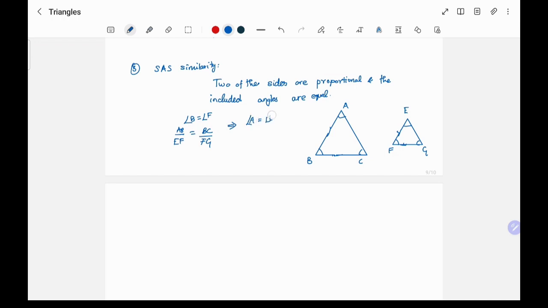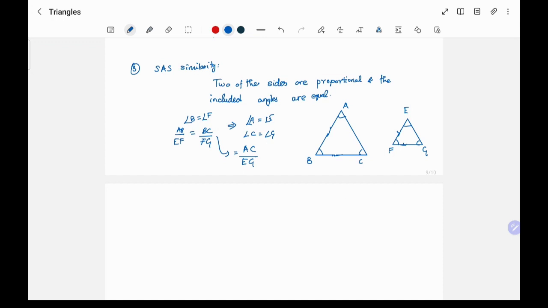Angle A is equal to angle E, angle C is equal to angle G, and this will be equal to, what else is left, AC by EG. If the angle is the same and these are just scaling, this length also scales proportionately, right? So that's why this holds.